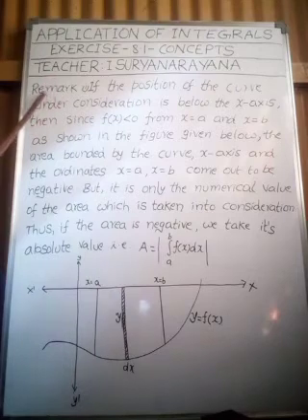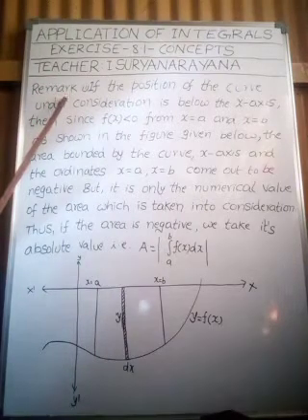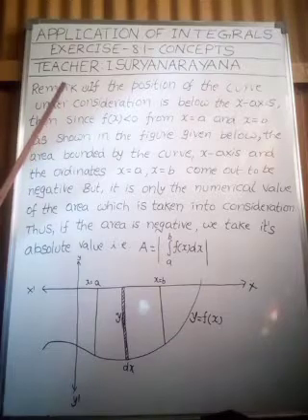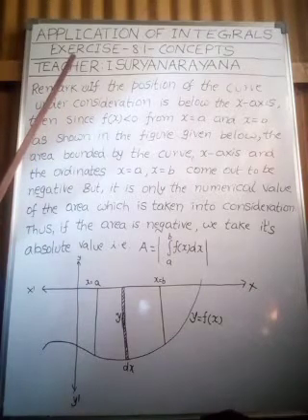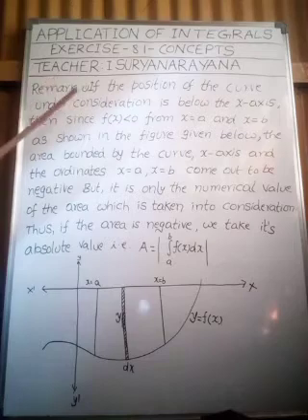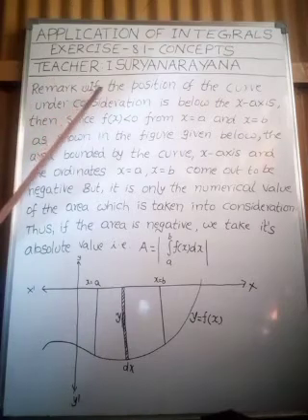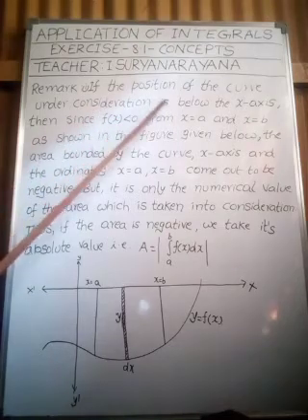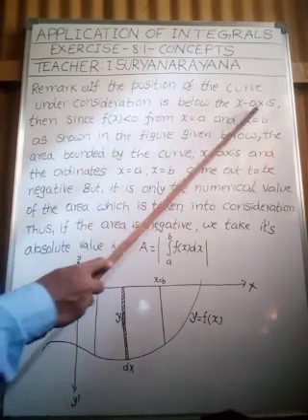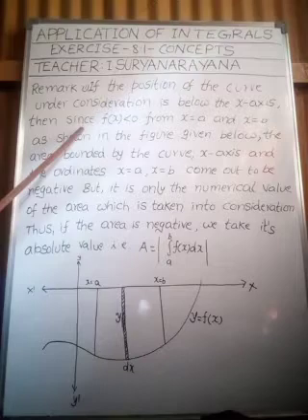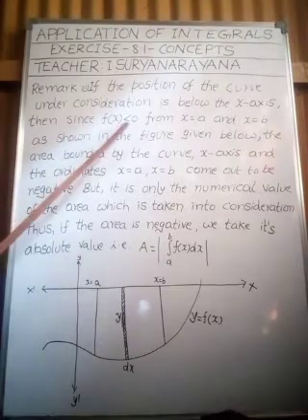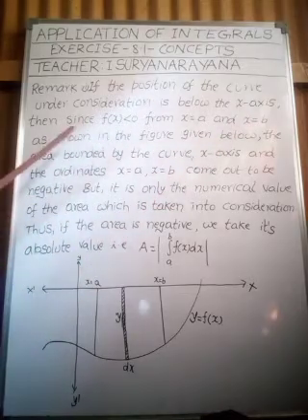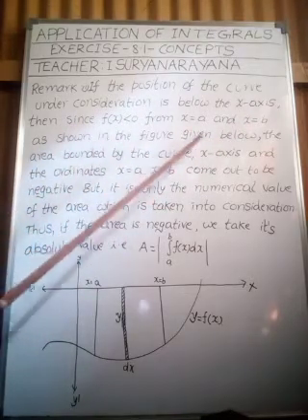Now come to the remark. We have to notice these points also, my dear children, when you are finding the area of the region bounded by the curves. See this point. If the portion of the curve under consideration is below the x-axis, then f of x is less than 0 from x is equal to a to x is equal to b, as shown in the figure given below.